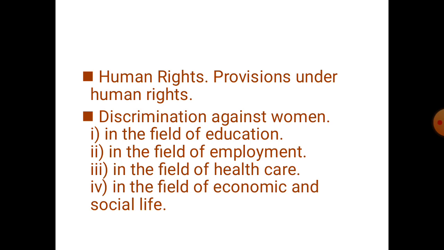Next we are going to discuss discrimination against women in the field of education, employment, healthcare, and economic and social life. First we discuss what we mean by discrimination against women. Women are discriminated against in many societies, in the fields of education, health, and economic and social life.